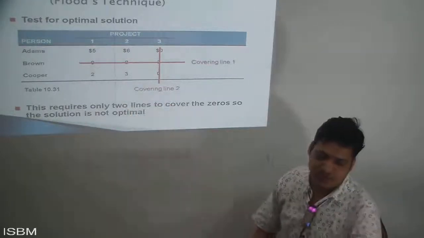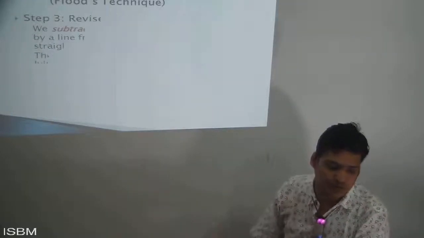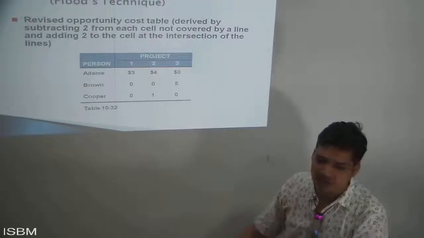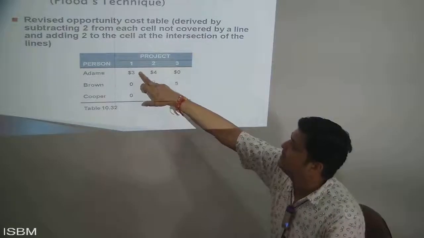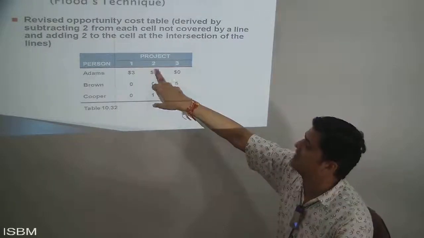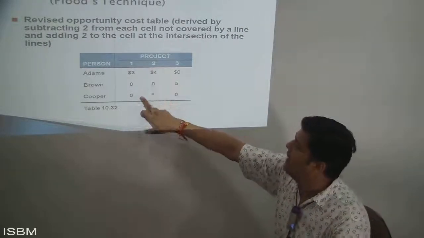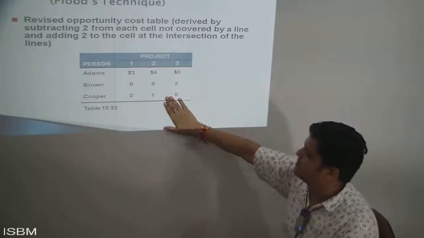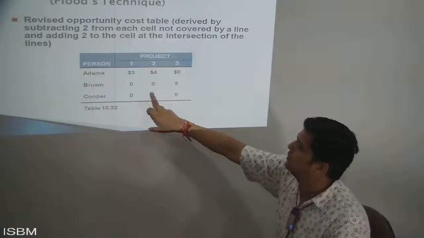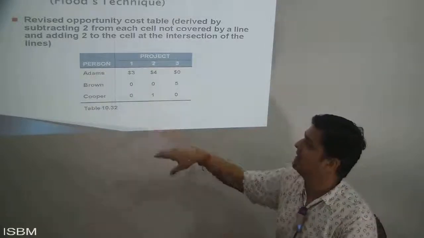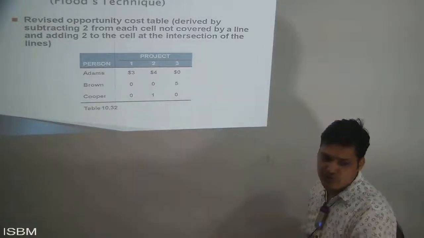So what is the new number that comes over here? 2 was here, so 2 minus 5 is 3, 6 was here, so 4, and 3 was here, so 3 minus 2 is 1.